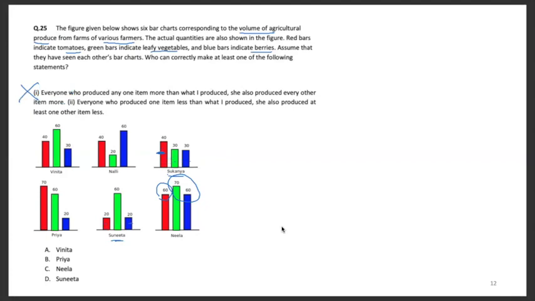Now, when I move to the next claim: everyone who produced one item less than what I produced, she also produced at least one other item less.